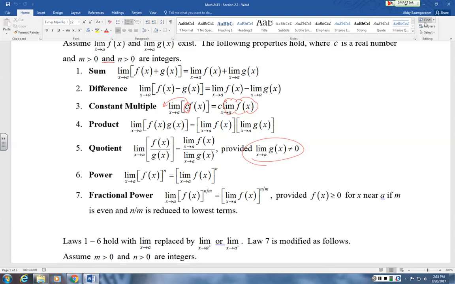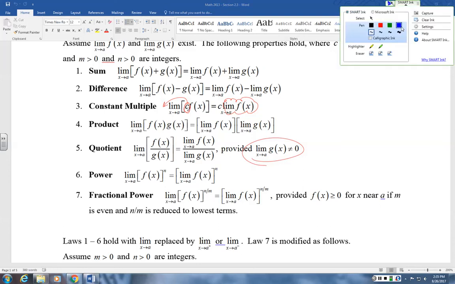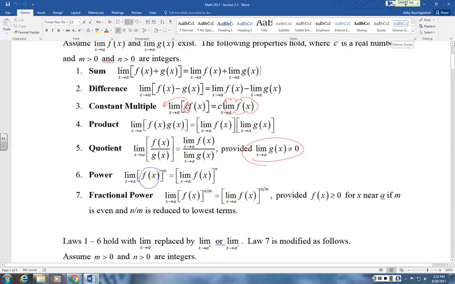The power and the fractional power rules are kind of nice because they tell us that it doesn't matter which we do first. We could raise the function to a power and then find the limit, or we could find the limit of the function first and then raise it to a power. It's really whichever one is most convenient for the problem, or gives us the quickest answer.